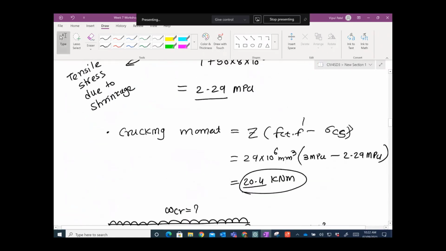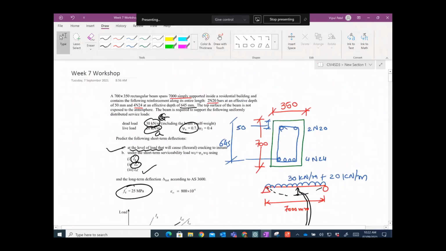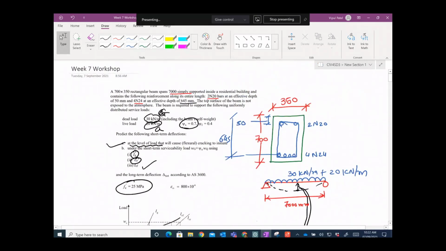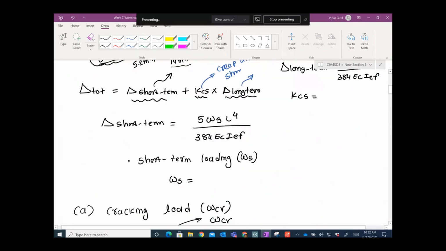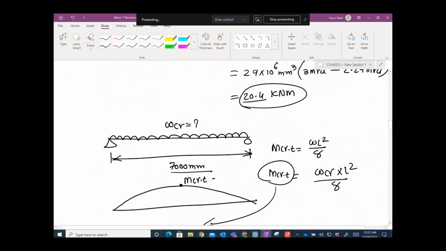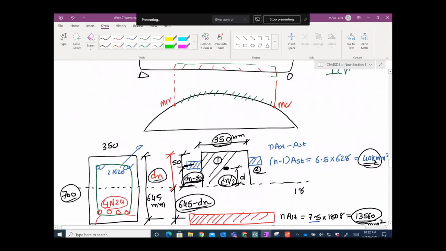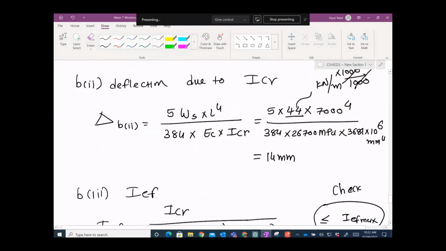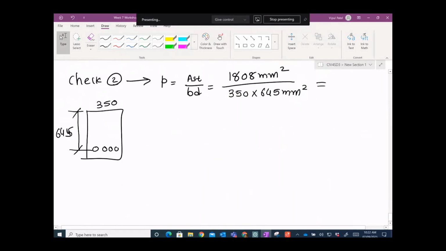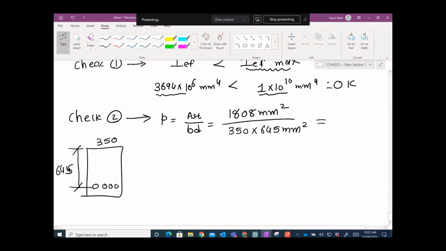If you go back here, you have 645 millimeters depth given to you. So you have 1808 over 350 times 645.